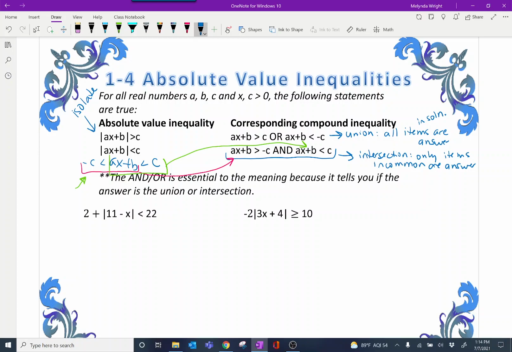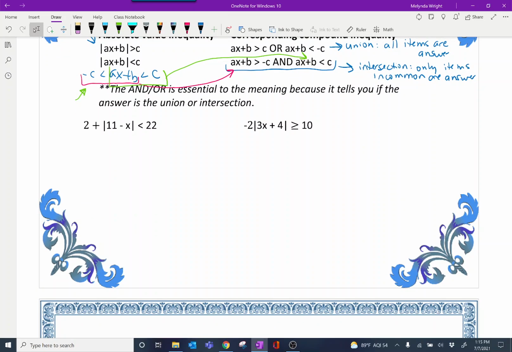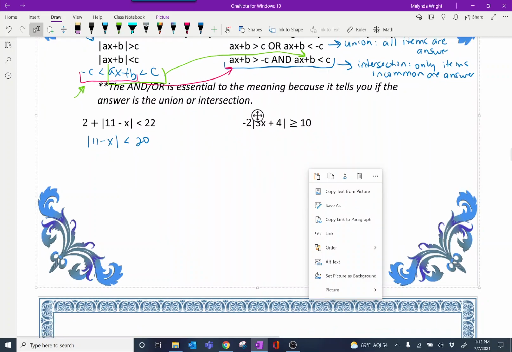All right, so let's jump in and work some examples and see how this works. We notice this is a less than, but we really don't want to make that case yet until we get that absolute value piece isolated. So I'm going to move the 2 over, and that gives me absolute value of 11 minus x is less than 20. Okay, great. It is a less than, or an and.